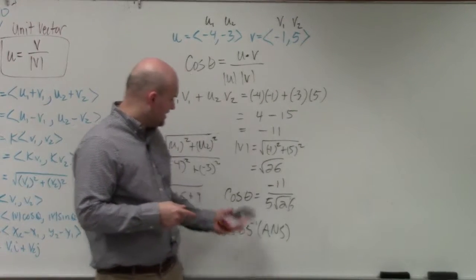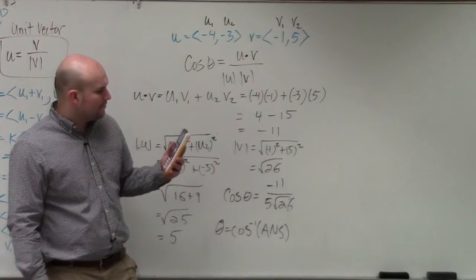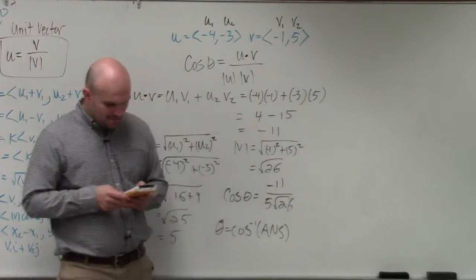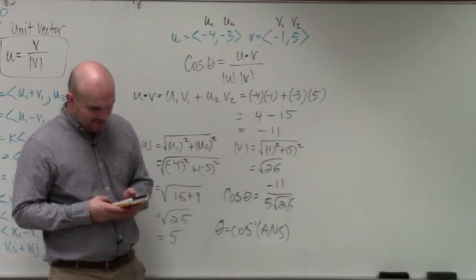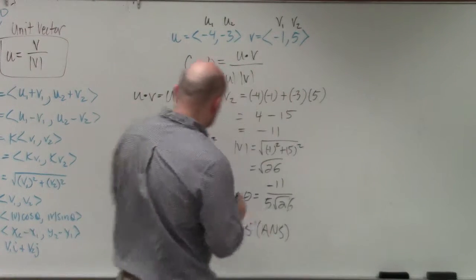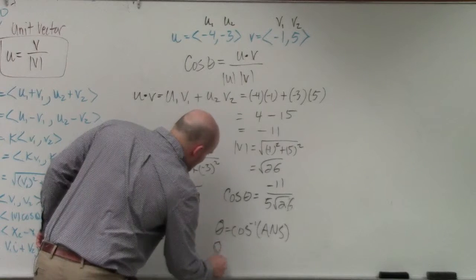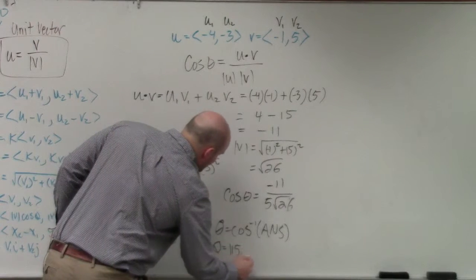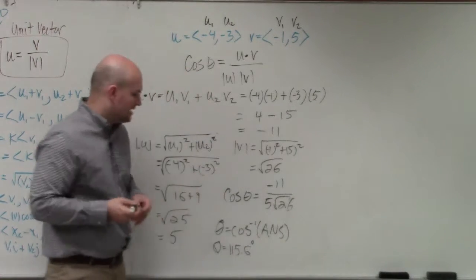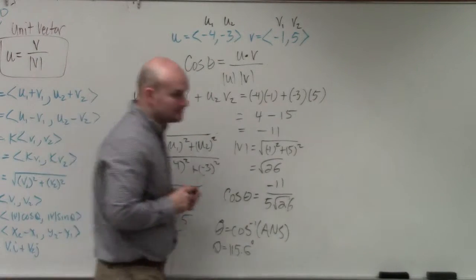I get -0.4314554973. Instead of writing all that, I'm just going to use answer. Then I do cosine inverse of my answer, and I get 115.59. So theta equals 115.59. I'll round that to 115.6, depending on how I ask you to round it.